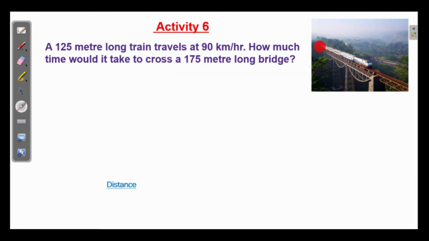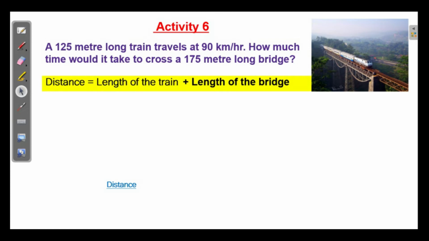So, the distance travelled by the train is the length of the train plus. The train has to cover this bridge, cross this bridge. So, length of the train plus the length of the bridge. Okay. So, the distance travelled is length of the train plus length of the bridge.